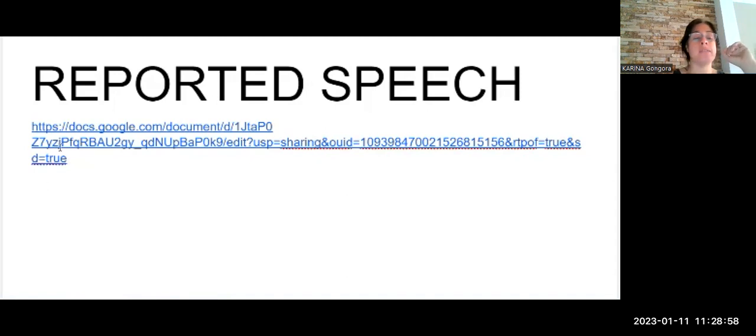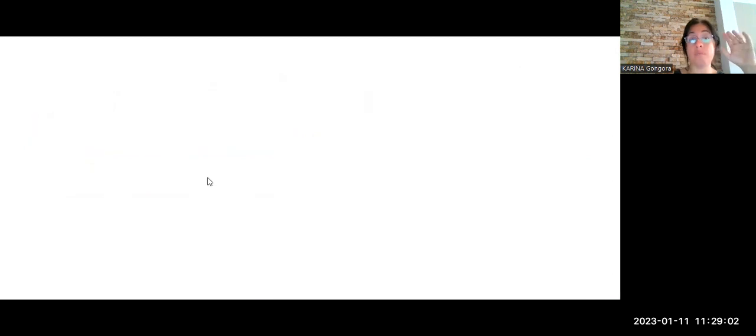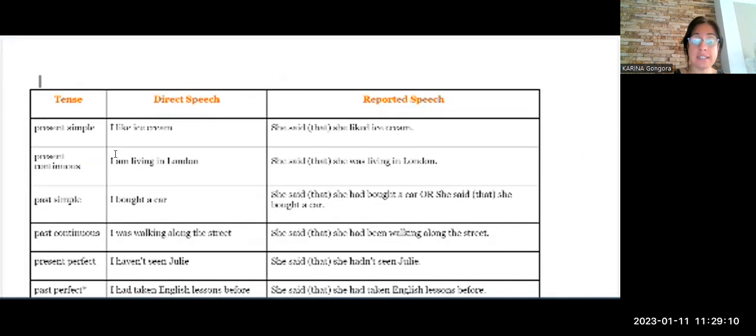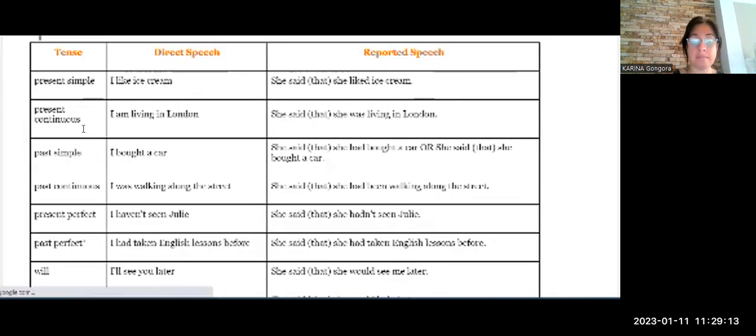All right? First of all, what you need to remember here, you have this reported speech table, right? This is what you have in your document. So here you have all the tenses, right? Present simple, present continuous. Depending on the tense, you will obtain a different reported speech sentence, right?